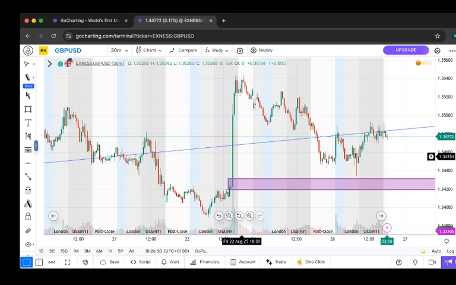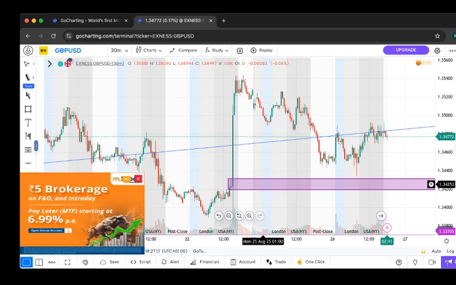Then you could also consider if your supply and demand zone is more like a fresh zone or a used zone. When I say a fresh zone, I mean it's an untested zone. Untested zones tend to have more strength, are stronger than a used, tested zone, because once price tests the zone and returns there, price might weaken that zone.